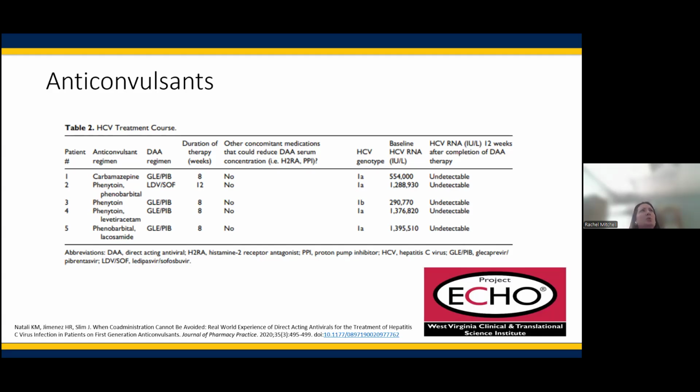There was a study done, I think in 2019, that looked at anti-epileptic drugs and then giving a combination that we don't use anymore, sofosbuvir and daclatasvir, brand name Daklinza, which is no longer on the market. In that study, they looked at higher doses of Daklinza, because Daklinza was a drug that had a lot of interactions with HIV medications.